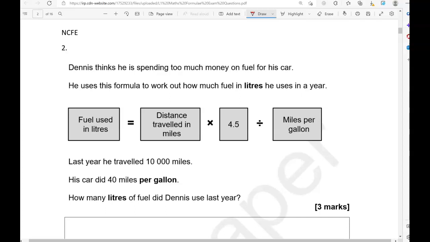So we've got the distance travelled in miles, which is 10,000. So we're going to multiply that by 4.5 and then divide the answer by 40.